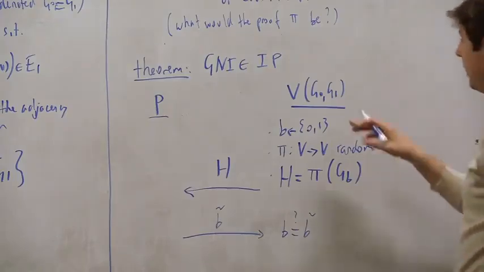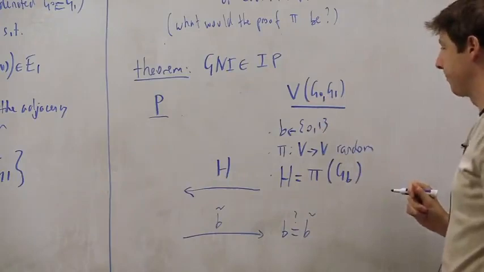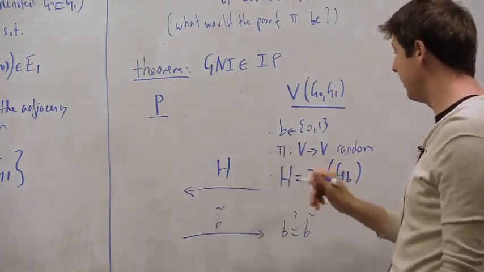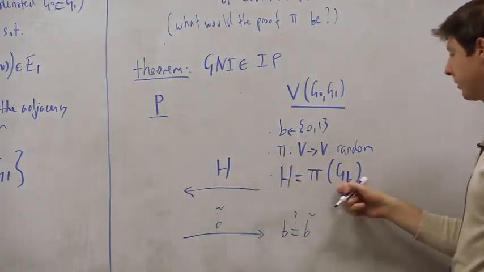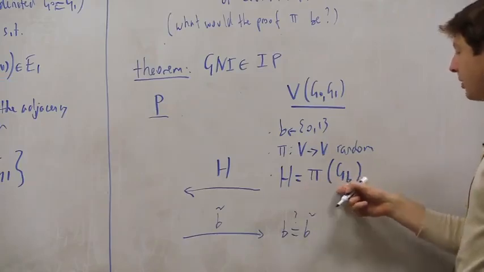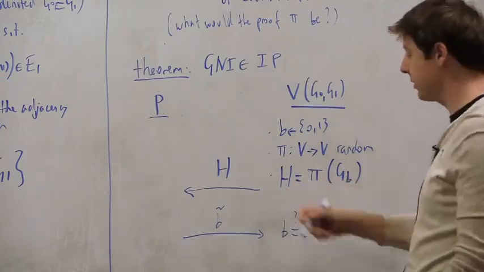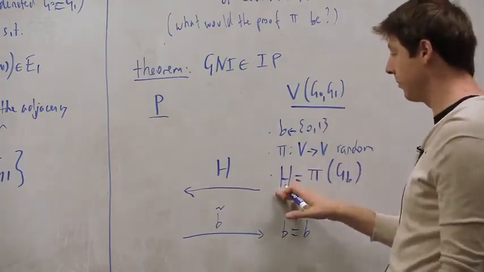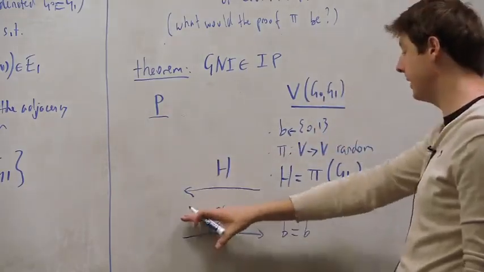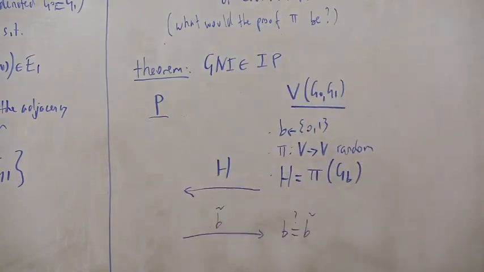On the other hand, if G0 is isomorphic to G1, then H carries no information about B. Whether you start with G0 and permute it at random, or start with G1 and permute it at random, H will be just a random graph in the equivalence class of graphs isomorphic to both G0 and G1. So P will have no idea what to answer. No matter what he does, he will convince the verifier with at most half probability. I'll go through this one more time more carefully by writing it, but we just argued that this is an actual interactive proof.